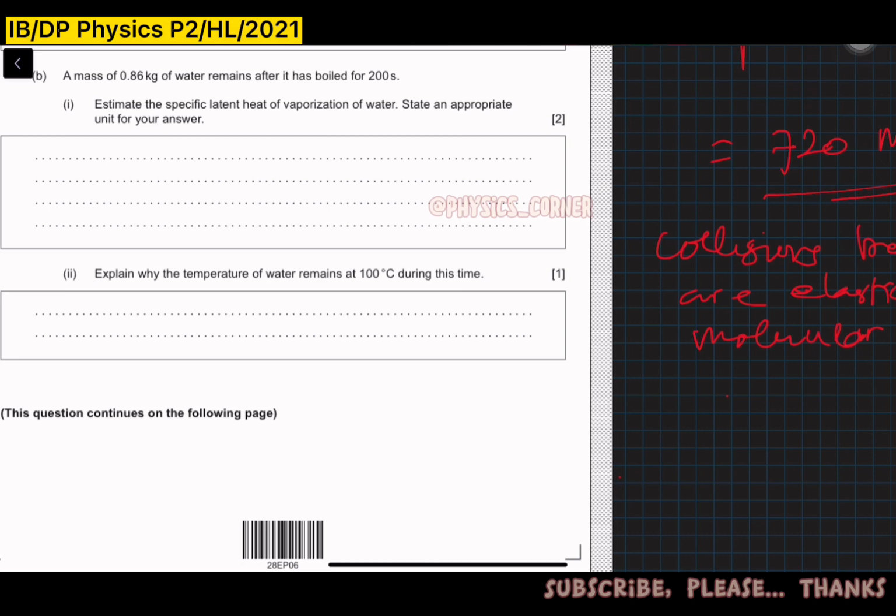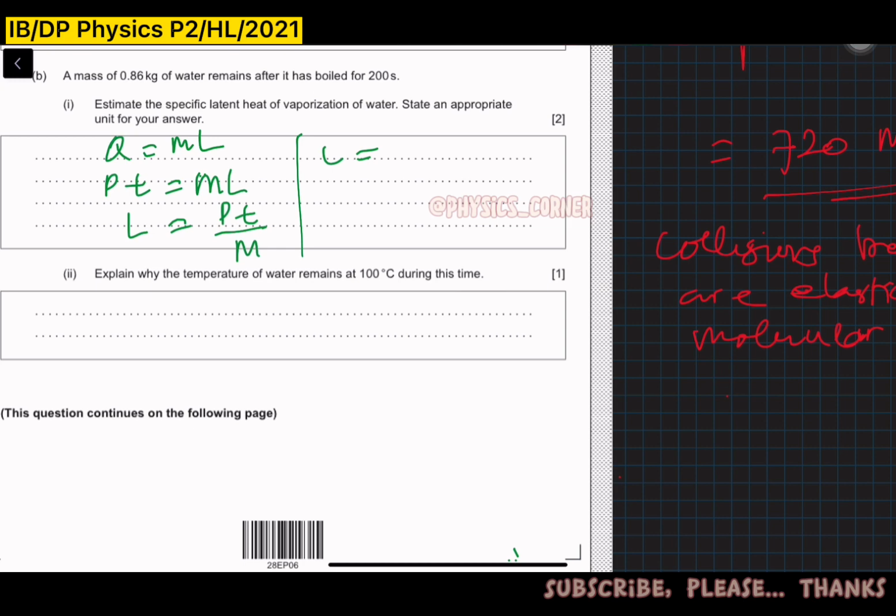From energy equals to m L. So P T equals m L, so L equals to P times T divided by m.